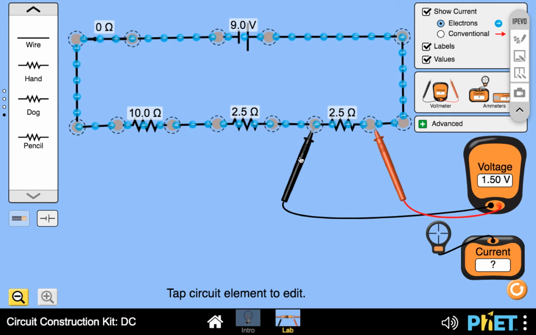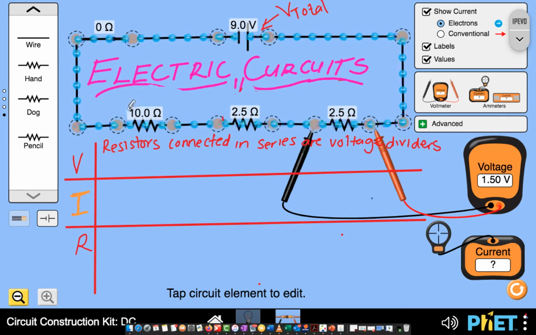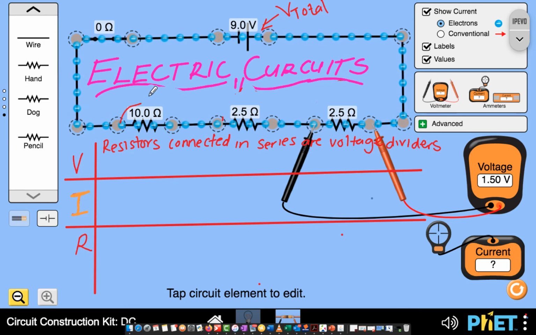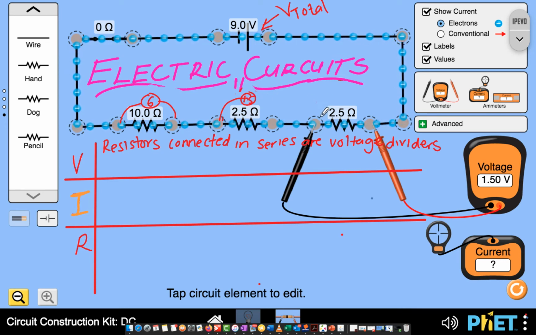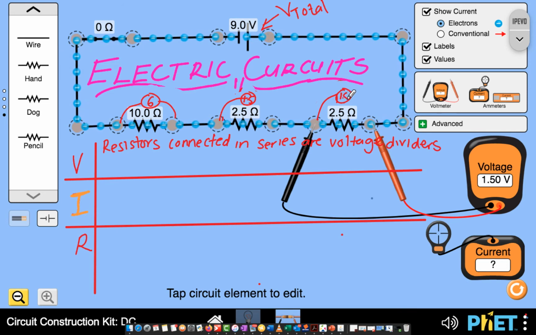It also has 1.5, which means I was right to say that across the 10 ohm resistor we are going to have a bigger value, which is 6 volts, and across each 2.5 ohm resistor we are only going to have 1.5 volts.